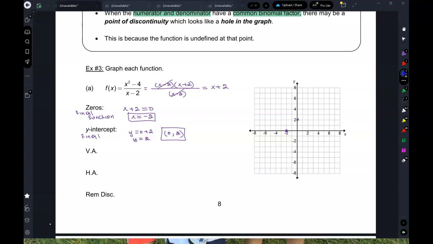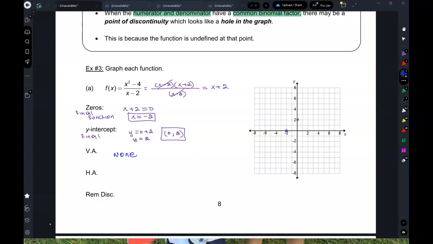For the y-intercept, we plug in 0 for x, remember? For the vertical asymptote, we have to set the denominator equal to 0. Is there a denominator that has not canceled? No. So we say none. Let me finish. For the vertical asymptote, you only set denominators equal to 0 if they have not canceled.